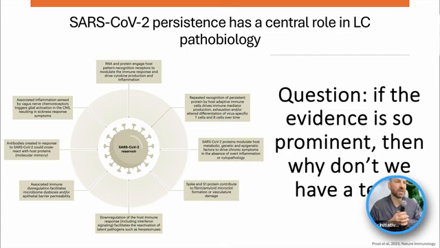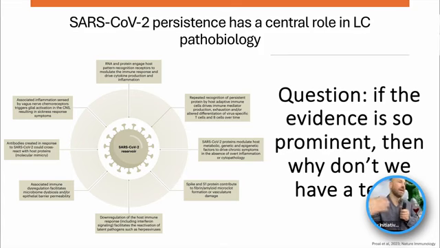So this is a paper that we published in Nature Immunology just last year, where we pulled together all of the evidence for SARS-CoV-2 persistence in people with long COVID. And we were showing that there's, again, a number of high quality clinical trials that have not only identified persistent SARS-CoV-2 in people with long COVID, but has also shown that the persistent virus is actually doing something in the bodies of people with long COVID and actually causing increased symptom burden.